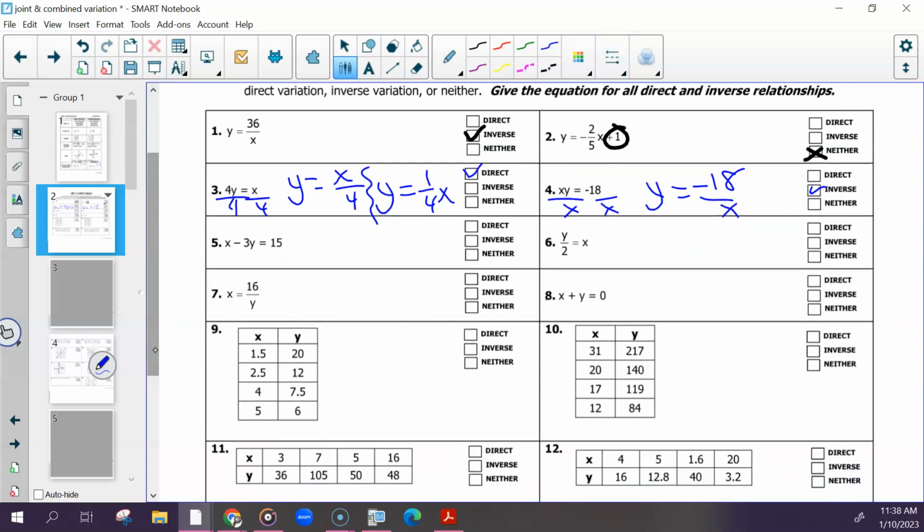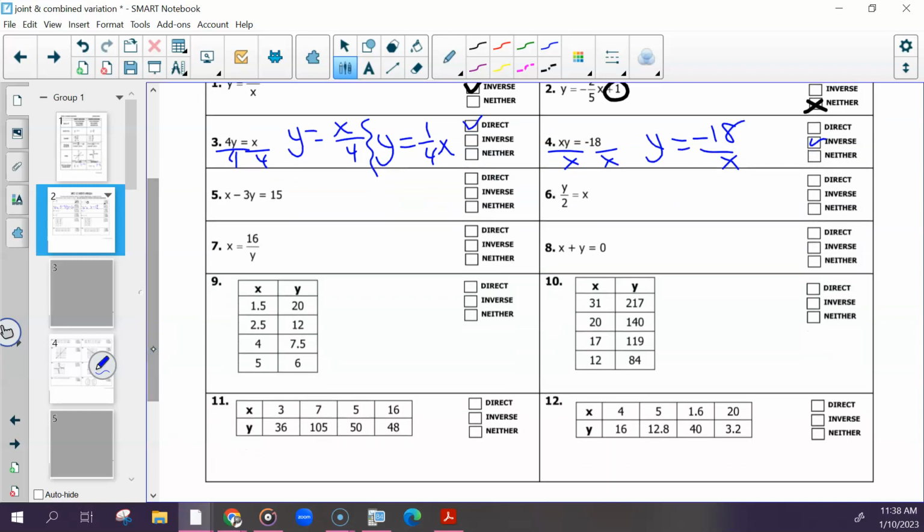We're going to skip around a little bit. Going to 9. So this is kind of like the quick check problem you had. Sometimes it won't say if it's direct or inverse. You just have to see, either multiply them together or start dividing them together and see if you get the same value. So let's start multiplying just because.